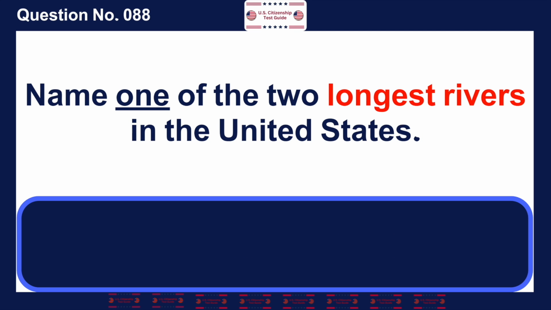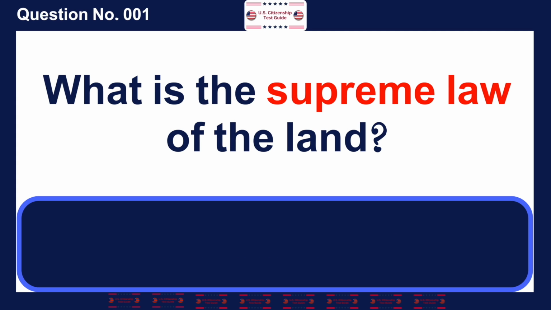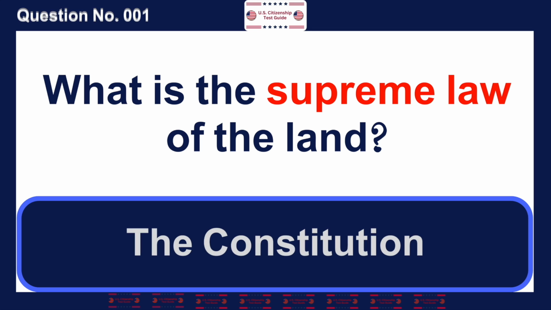Name one of the two longest rivers in the United States. Missouri River. What is the supreme law of the land? The Constitution.